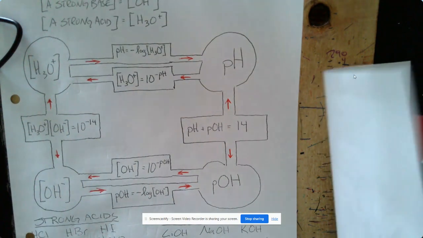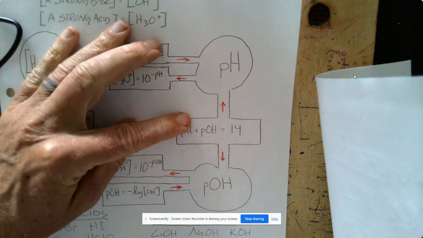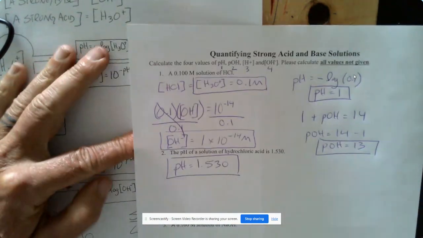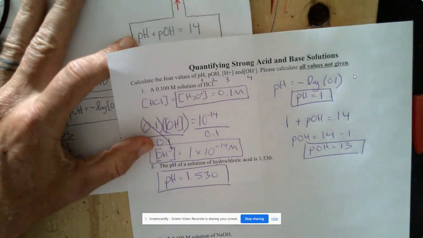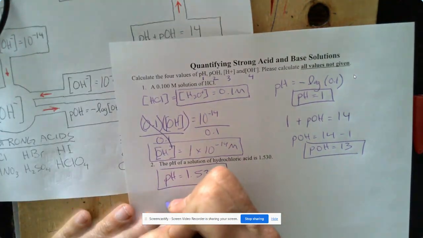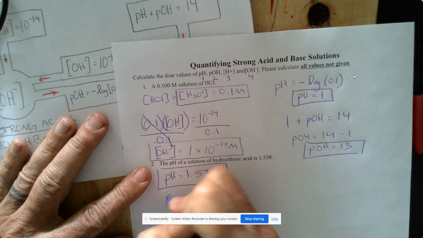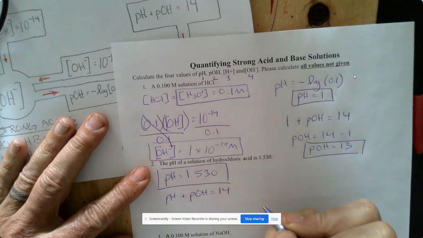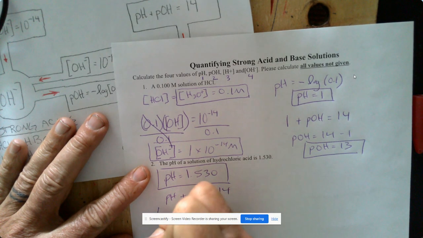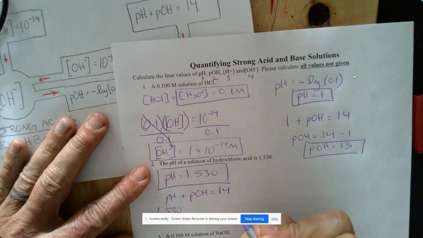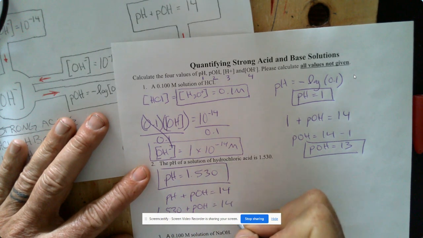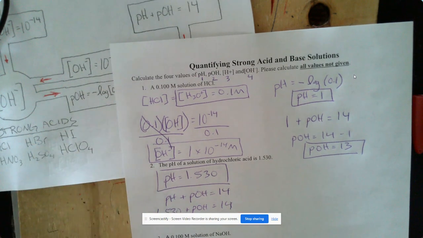So let's do that. Well, this one, we already know how to use this beauty because we did it up here. To find the pOH, we're just going to do this. We're going to say that the pH plus the pOH is equal to 14, and the pH is 1.530 plus the pOH equals 14. So we're just going to subtract 1.530 from 14.